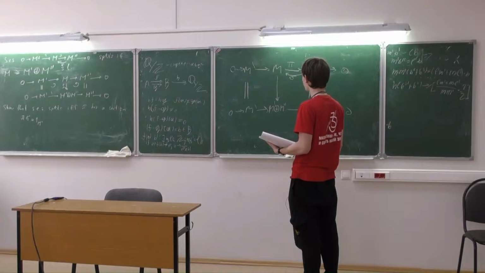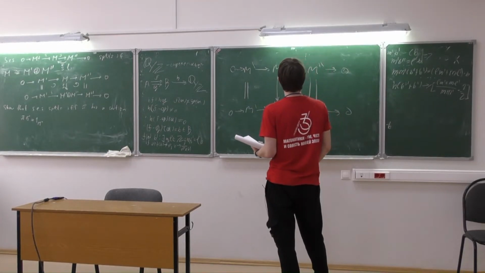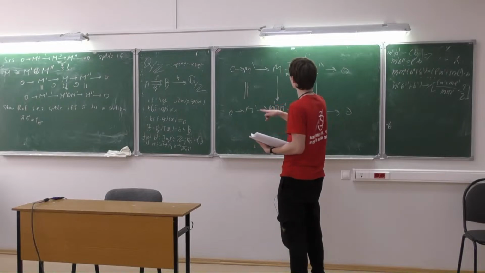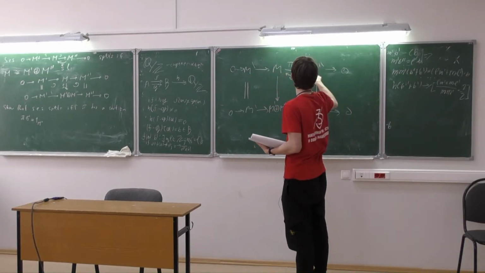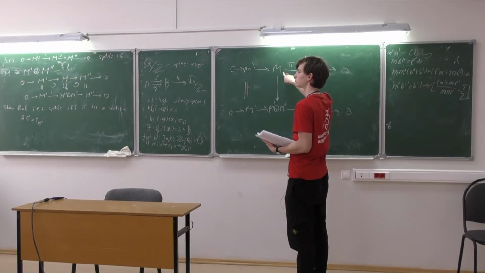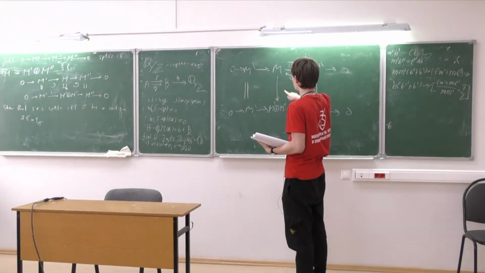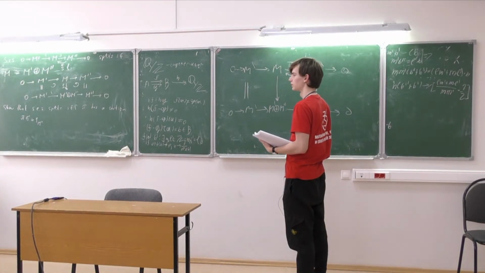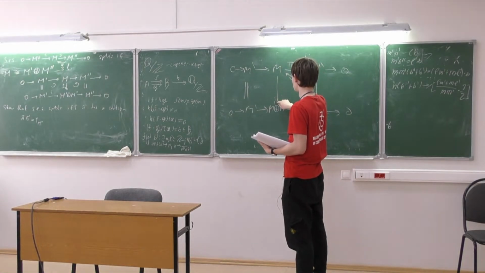And also a map from M to M prime, which you don't have at the moment. We have a map from M prime to M and from M double prime to M.